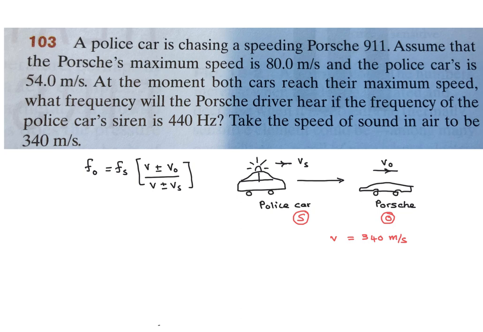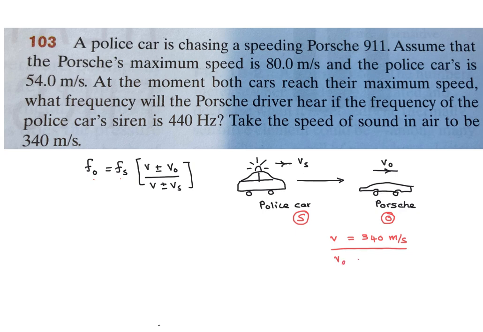So as you can see, I have already written the general equation, and at this point you know what each of these symbols mean. F0 is the observed frequency, Fs is the source frequency, V without a subscript is the speed of sound in air, given as 340 meters per second, and VO is the speed of the observer.